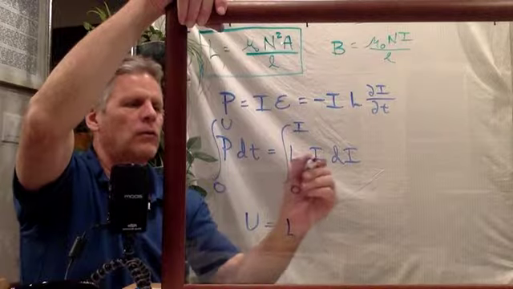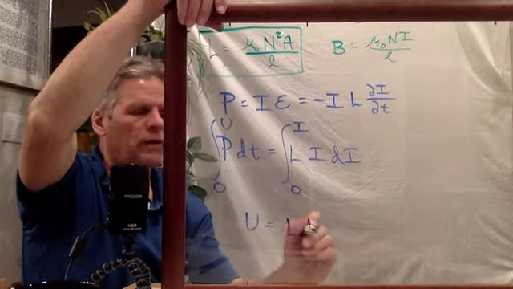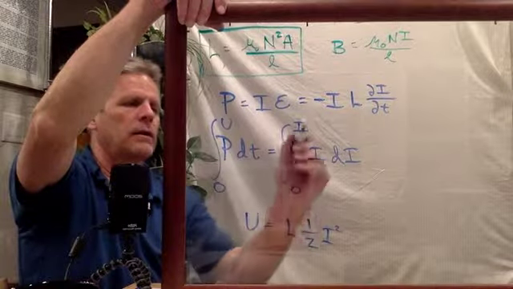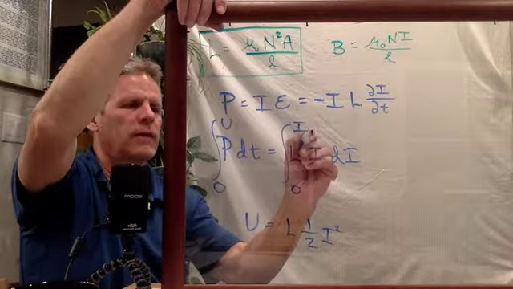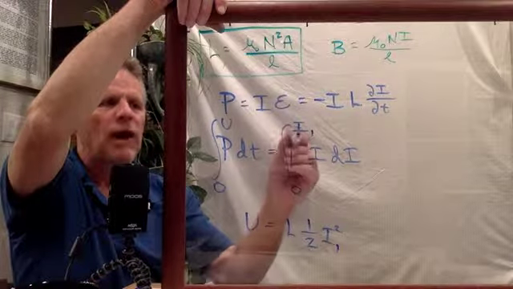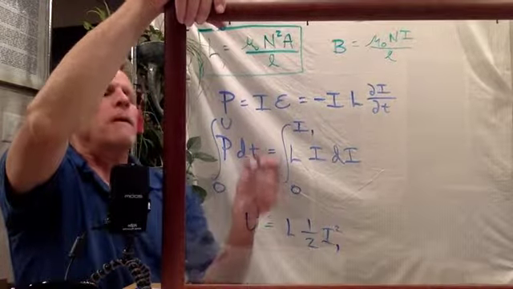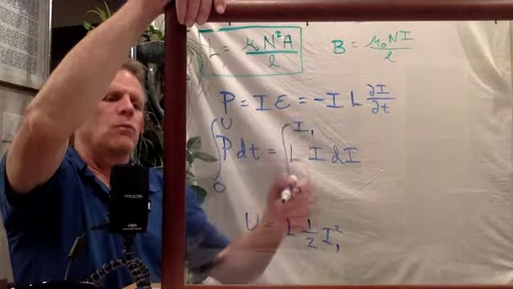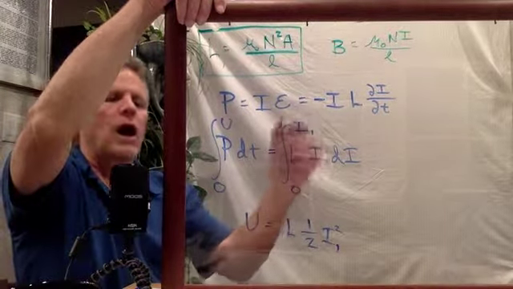L, and what's the integral of I dI? It's just 1/2 I squared. And I'll go ahead and make it I1, so we now recognize this is a specific value of current. So we started with no current. We went to a time when there was a current I1.